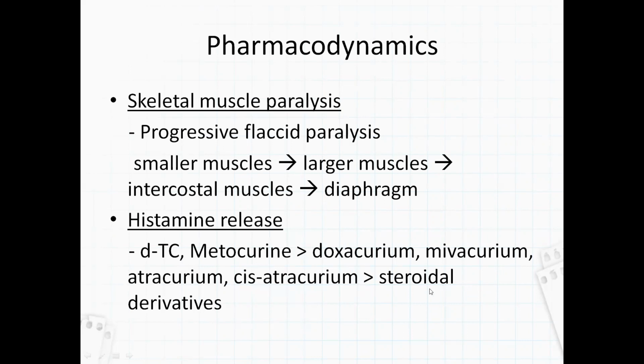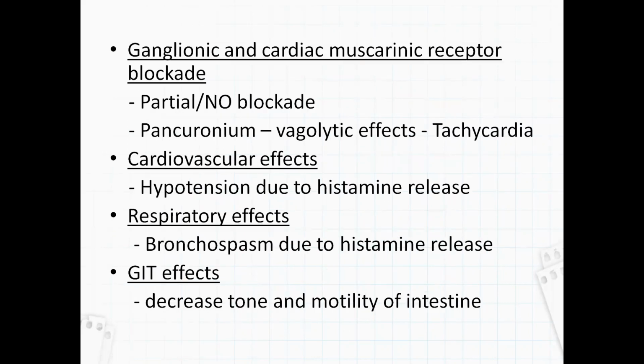And steroidal derivatives release very rare, very small quantity. Coming to ganglionic and cardiac muscarinic receptor blockade, there is partial or no blockade at all. But the drug pancuronium has vagolytic effects due to which it can cause tachycardia.